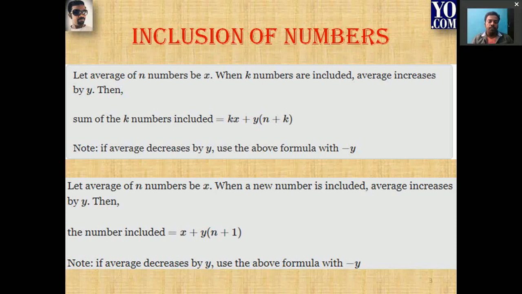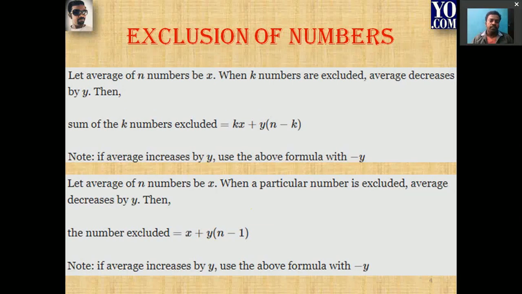Here also the same scenario is used, that is, if the average is decreased by y, then use the above formula with minus y. This is inclusion of number. This inclusion of number is very important. So the problems based on this inclusion of number are also many times asked in examinations.